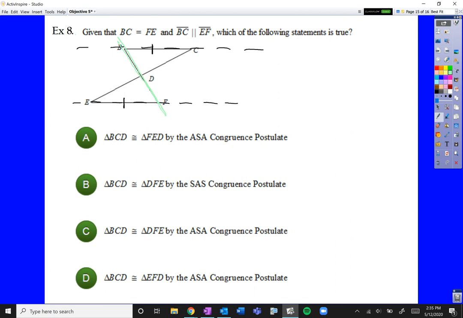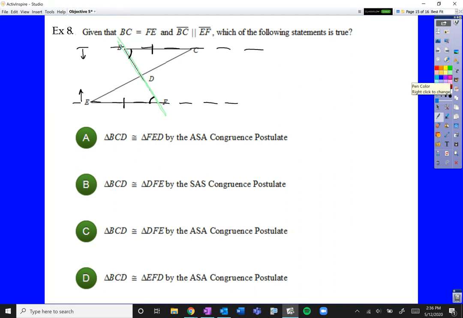Okay, so when two parallel lines are cut by a transversal, we know a couple properties about their angles. Alternate interior angles are congruent. So look, this angle here and this angle here are on alternate sides of the transversal, but they're both on the interior of the parallel lines.